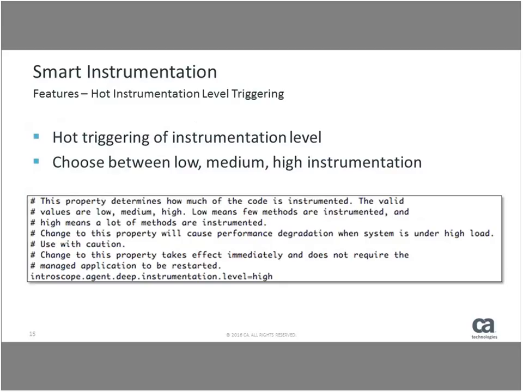One example: an important switch in the Introscope agent profile is the instrumentation level. You can choose between 3 different visibility levels, low, medium, and high, and this applies to the scoring.